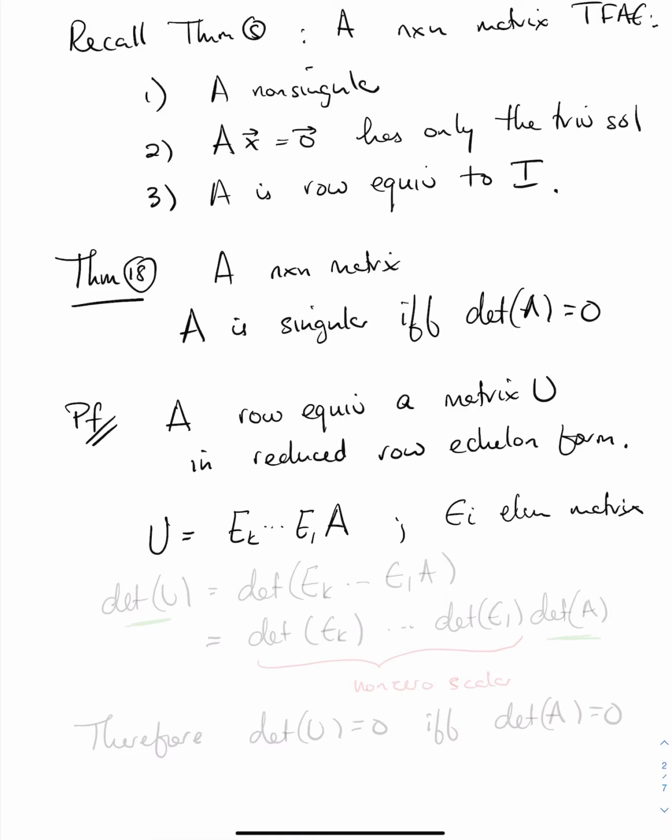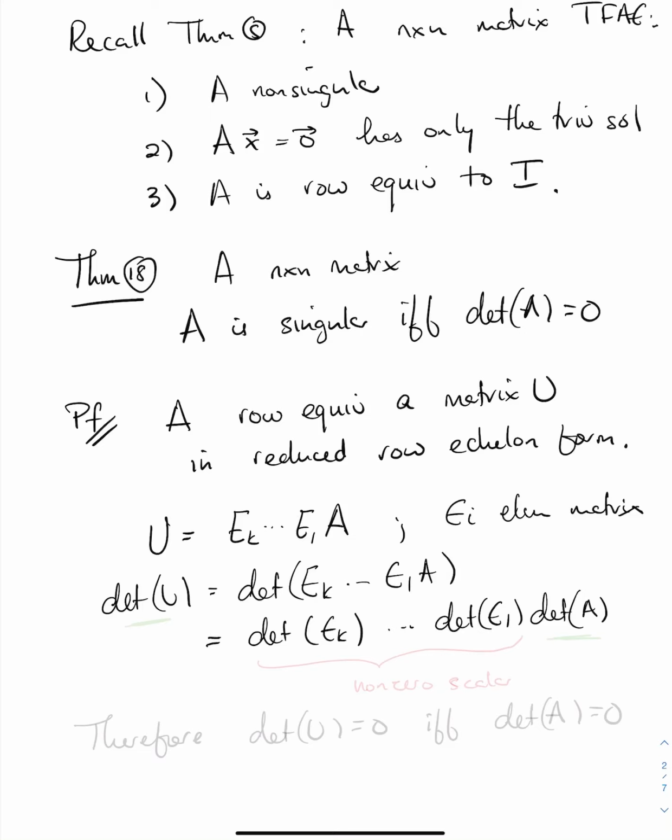So let's use what we've learned above. If I take the determinant of both sides, and I use the fact that the E sub i's are elementary matrices, I can break this determinant up. Here's what I want you to realize.